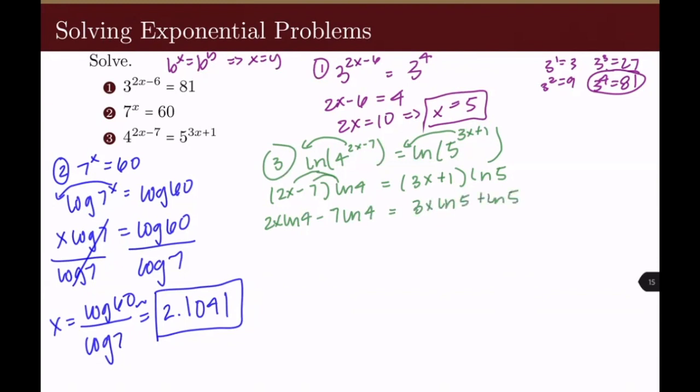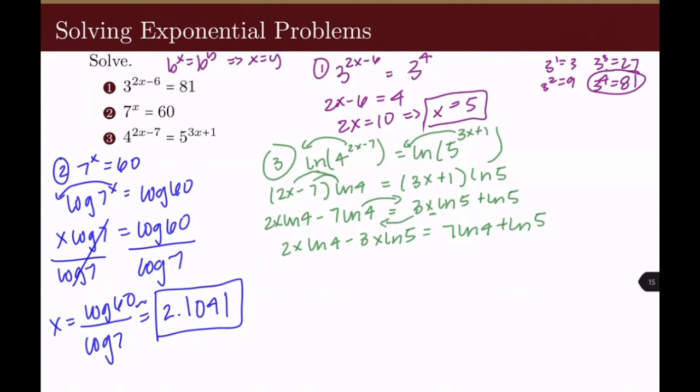And lastly, what I'm going to do is get all the x's on one side and everything else on the other. So that means I'll have 2x ln 4 minus 3x ln 5 equals 7 ln 4 plus ln 5, right? So I just moved the 7 over here and the 3x term over there.